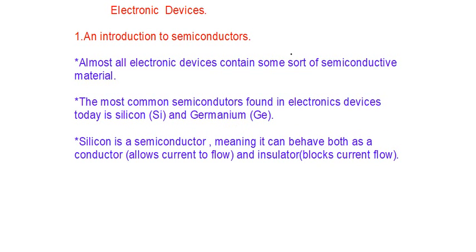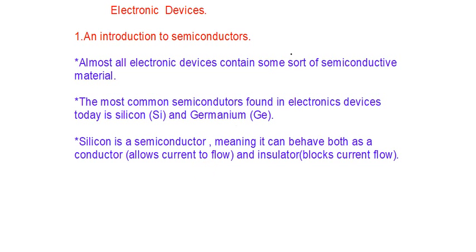These are the most widely used semiconductors to make electronic devices. Germanium was mostly used in the past, but nowadays they are using silicon. And silicon is a semiconductor, meaning that it can behave both as an insulator as well as a conductor. So it can allow current to flow through it, and it can also block it.